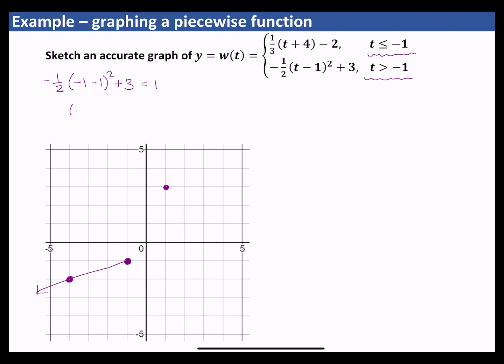So we substituted in -1, we got 1 out. So we know at -1, the quadratic piece is getting close to a y value of 1. So we're going to use an open circle there because technically t is only greater than -1 for the quadratic piece. Now let's find the y-intercept by evaluating w of 0.